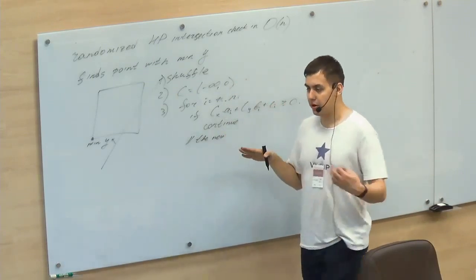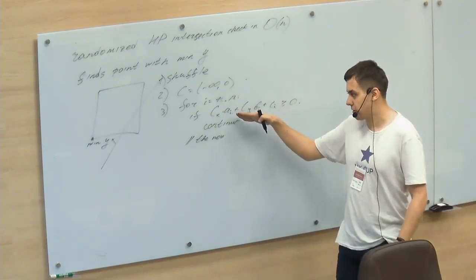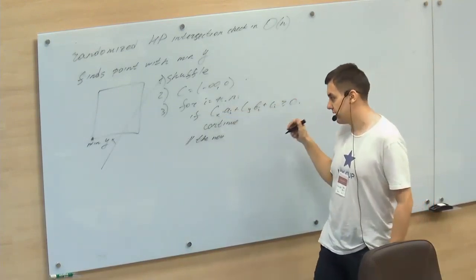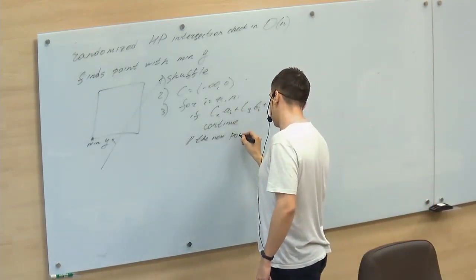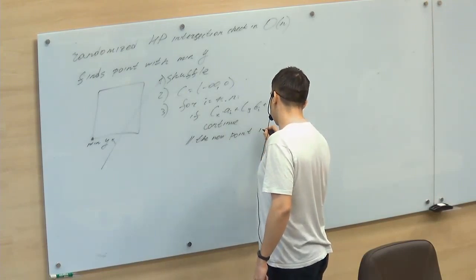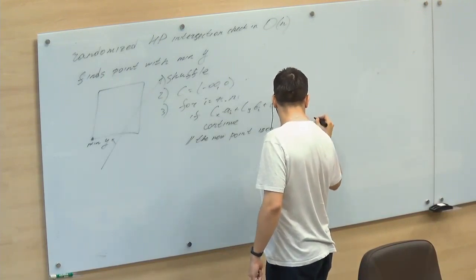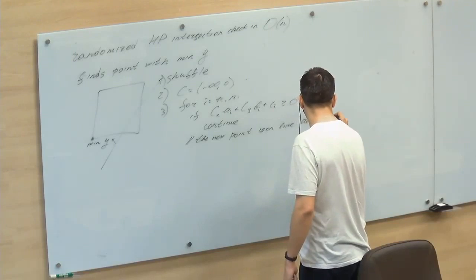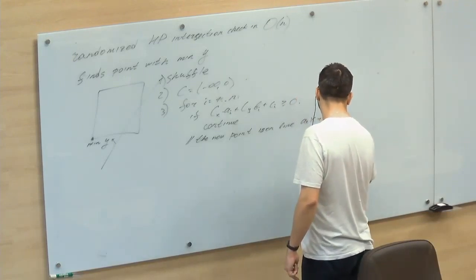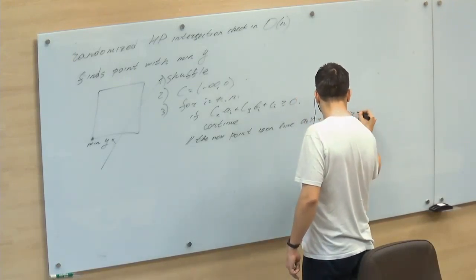Now the new best point is somewhere on this line Ai, Bi, Ci. The new point is on the line Ai x plus Bi y plus Ci equals 0.